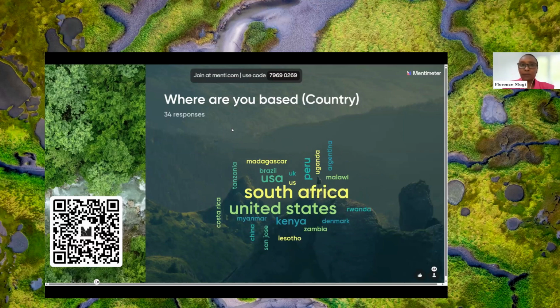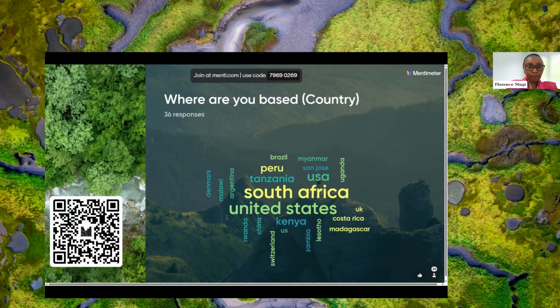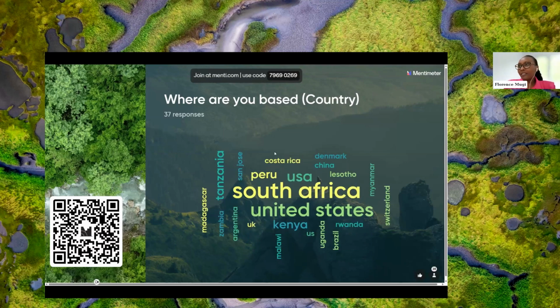Amazing. Keep them coming. We have about 34 responses and we are about 75 persons. So you can scan the QR code and enter the code that is at the top of the screen. Great. Okay, so we will move ahead.